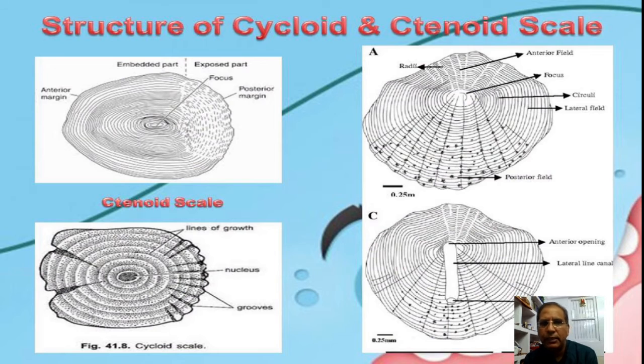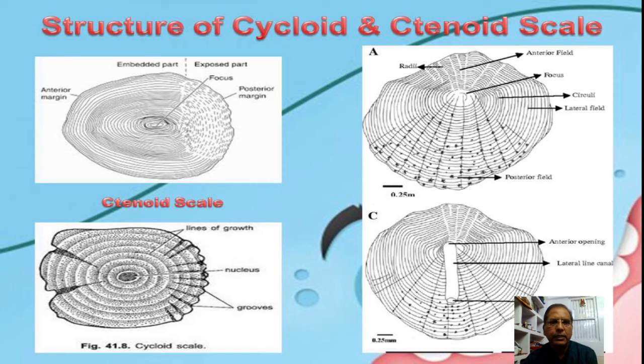You can see here basically two structures. One is this structure, the ctenoid scale. The central part is called the focus, that is the exposed part, and the posterior margin is the embedded part. This is the embedded part and this is the anterior margin.